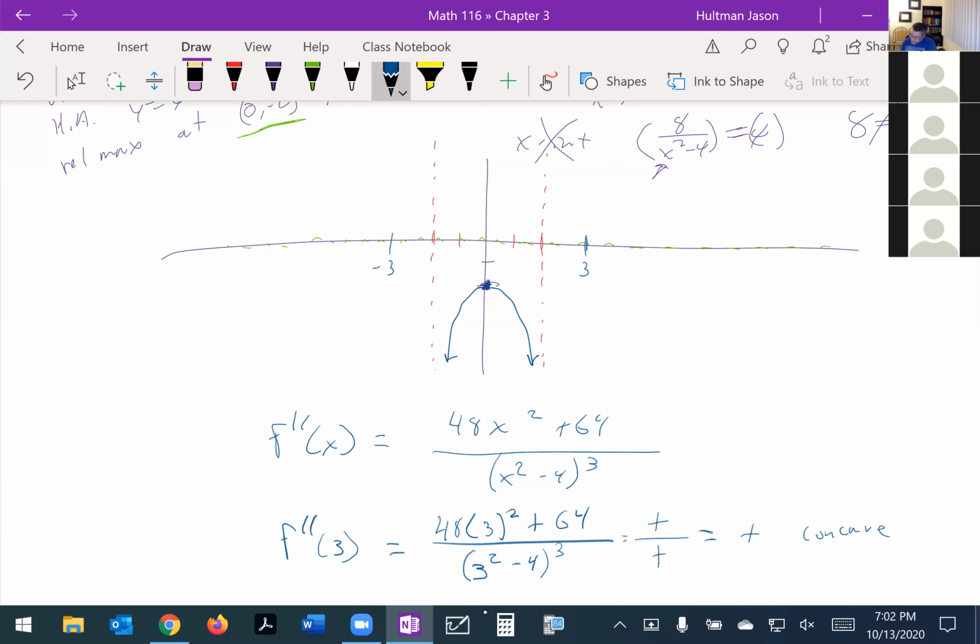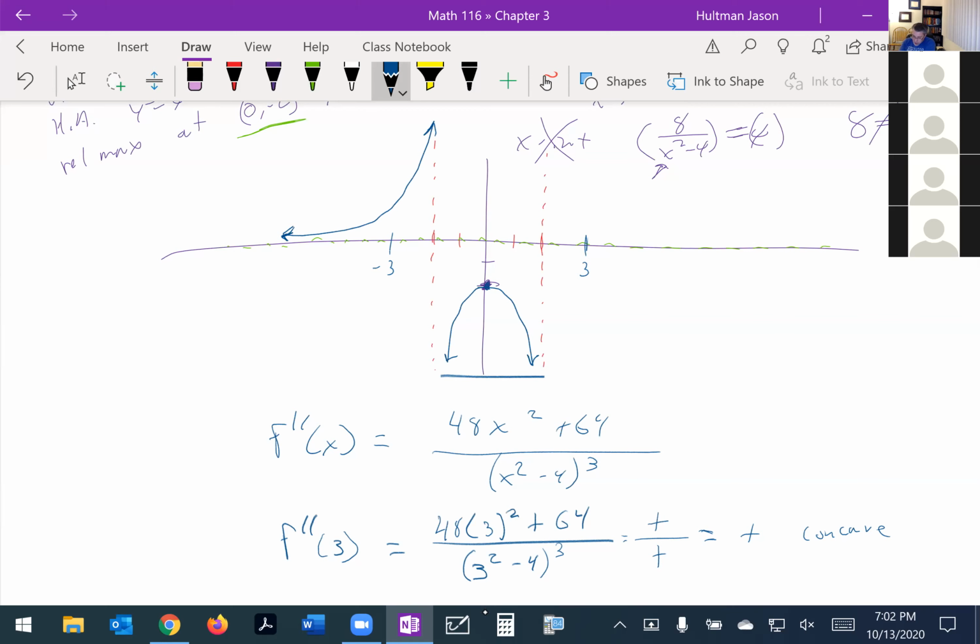We said that it was only concave down, but we were talking about the neighborhood here. It's only concave down there, but over here, it's concave up. Well, how can I have something that approaches an asymptote and is also concave up? It would have to look like this. It approaches those asymptotes, but it's concave up.